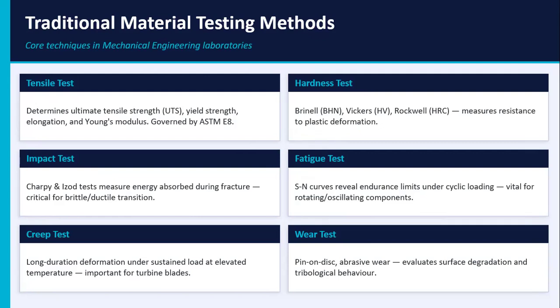Fatigue testing studies behavior under cyclic loading conditions. Creep testing evaluates long-term deformation at elevated temperatures. Wear testing investigates tribological behavior and surface degradation. These methods have served industries successfully for many decades.